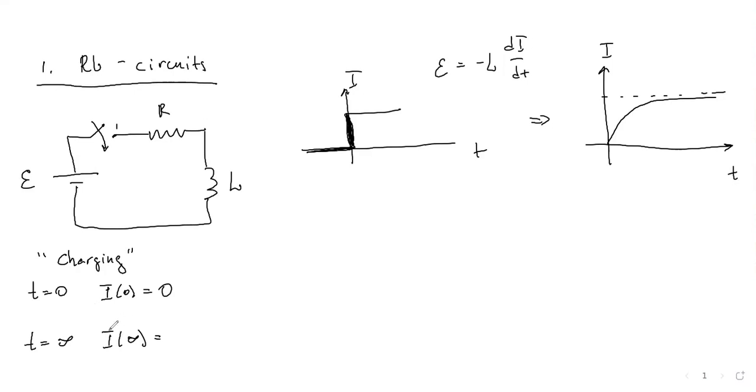In this case, the current will be the maximum value. But what is this maximum value? Let me replace EMF with V, the voltage. It will be the voltage over resistance, yes?